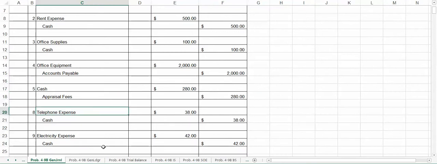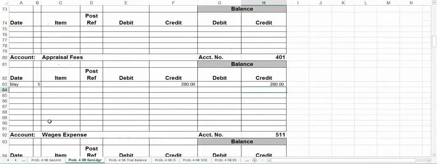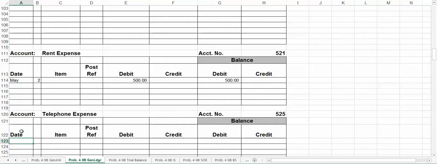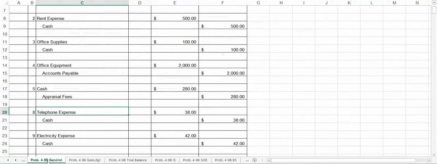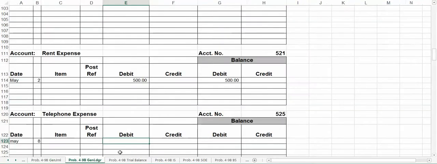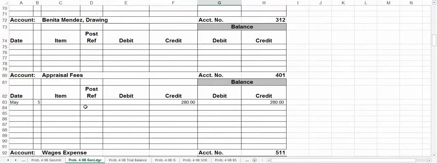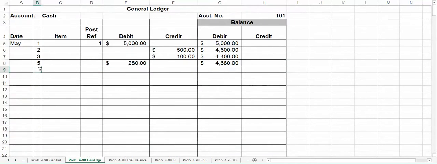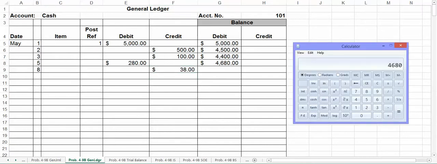A telephone expense for $38 on the 8th. $38. Then we're just going to go back up to cash again, and then we're going to subtract. $4,642.